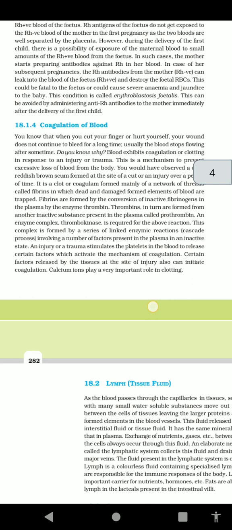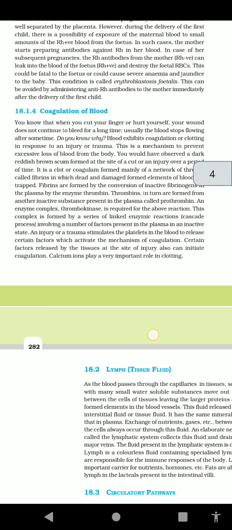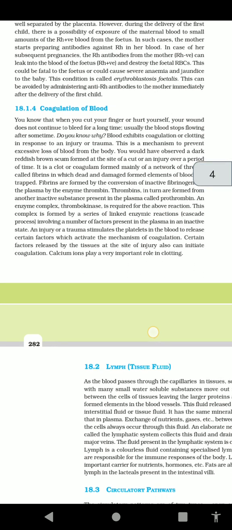However, during the delivery of the first child, there is a possibility of exposure of the maternal blood to small amounts of the Rh positive blood from the fetus. In such cases, the mother starts preparing antibodies against Rh in her blood.